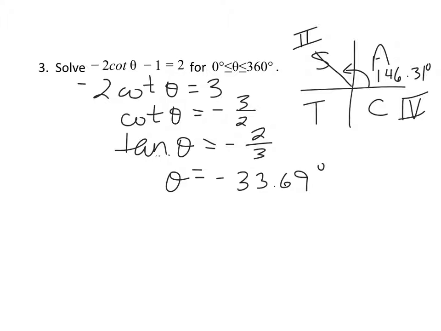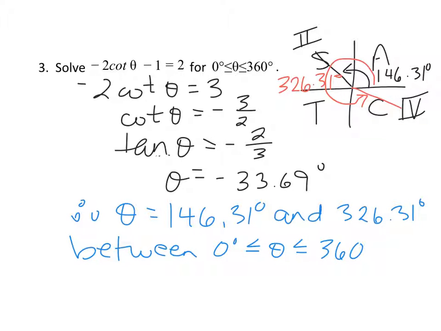So now we have to go all the way around to find out what my terminal angle is in quadrant 4, and it's 326.31 degrees. So those are the two values for negative 2 cotangent theta minus 1 equals 2 between 0 and 360 degrees.